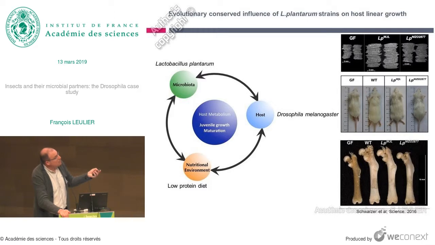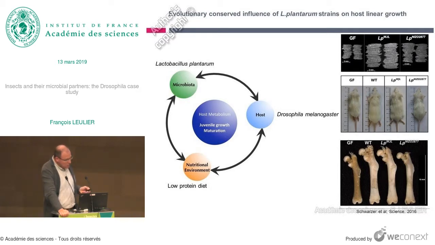And that provision of glutamine is extremely good for the animal to grow faster. So I hope that I've been able to show you that by using insects and Drosophila in particular, we can really go into the system of how a nutritional environment and microbes shape the response of the animals to this nutritional environment, on a very mechanistic basis.